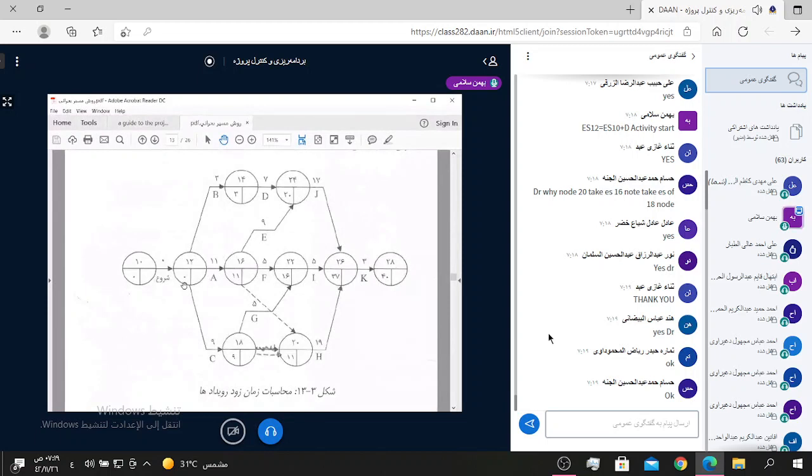Now we find ES for node 10 means 0 and node 12 0. After that, I want to find the ES for node 14.